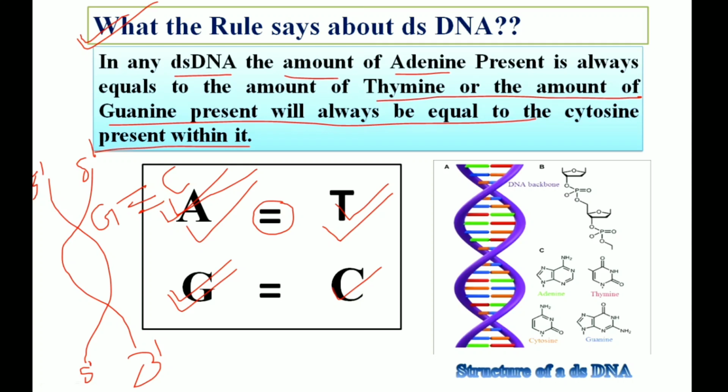That means the percentage or the quantity of adenine present in one strand is always equal to the thymine present in the other strand. So adenine is equal to thymine, and also the amount of guanine present is always equal to the amount of cytosine present in the DNA strand.